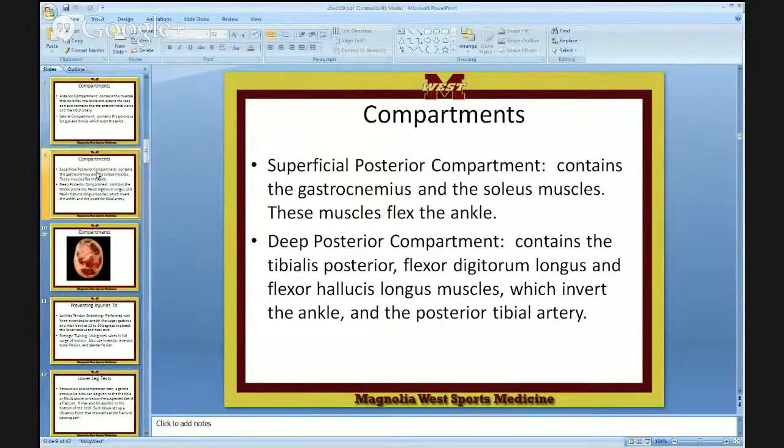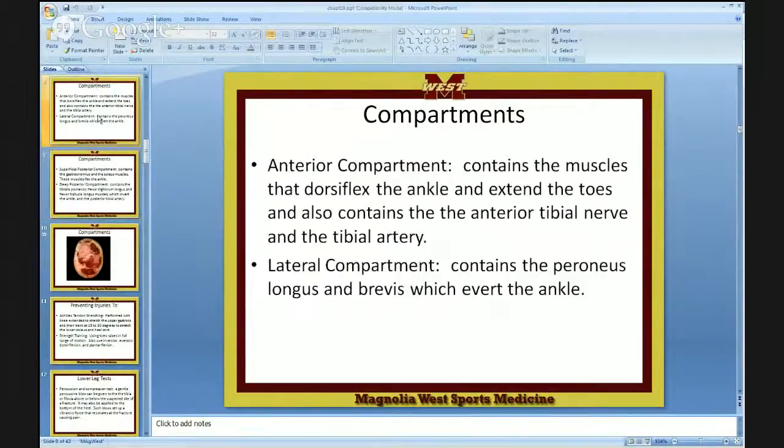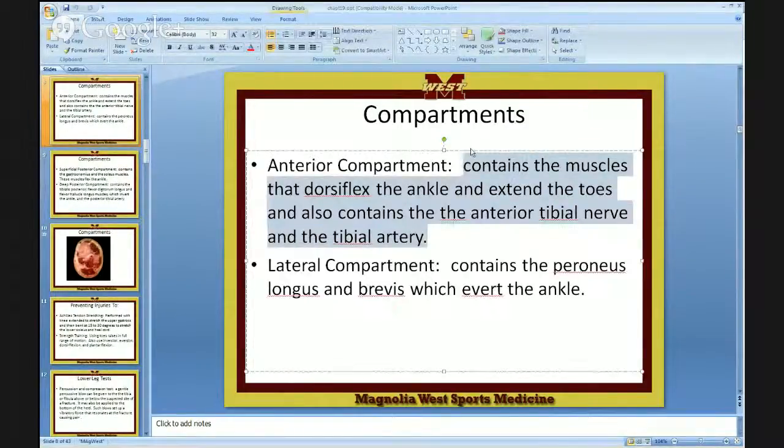What you're going to have is what it contains, and as you see on your slides, what each one of those contains. It will only have this portion of it. Beneath that, it's going to be matching, and it will have the names of the compartments. You must match the names of the compartments with their definition. So those will be 4 questions for you to do on that.